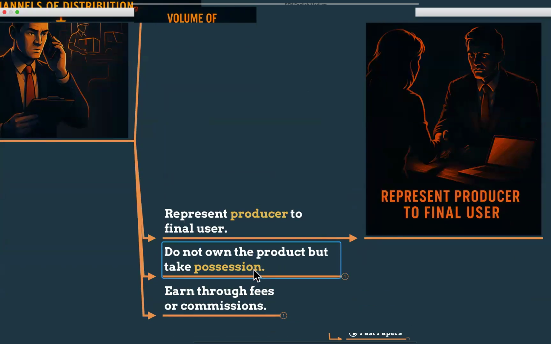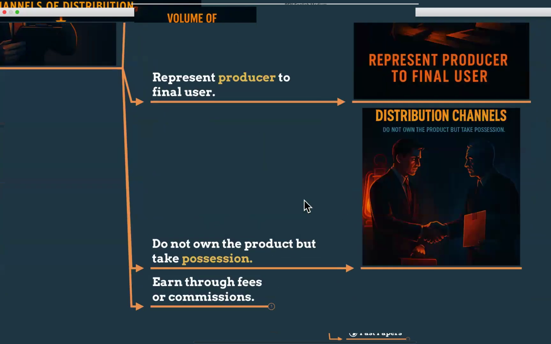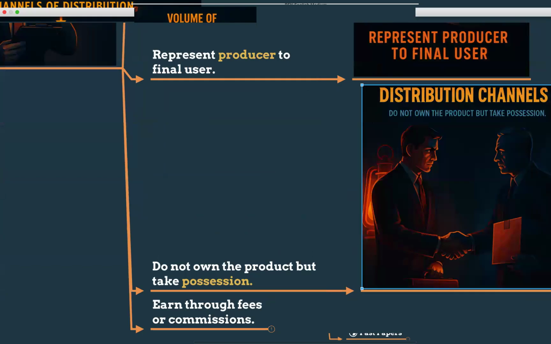They do not own the product but take possession. They will take the goods into their custody, at their place, but they are not the owners. They have the possession only. Possession means keeping the goods only. All right, so they represent the producer's interest and use the producer's name.